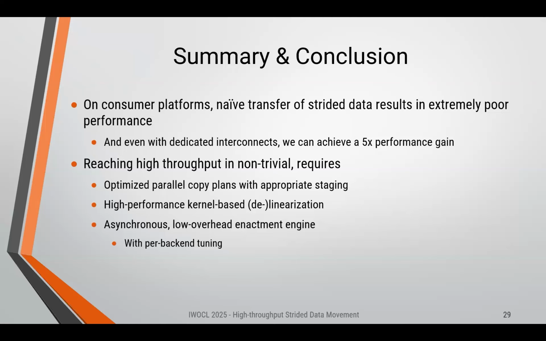You need high performance kernel-based linearization and delinearization, and you need an asynchronous low overhead enactment engine, I call it here, so basically the thing that actually executes your parallel copy plans. And that also needs to be tuned for each backend, because as we saw, the most efficient chunk sizes are so small that you easily run into any overhead that you could encounter.